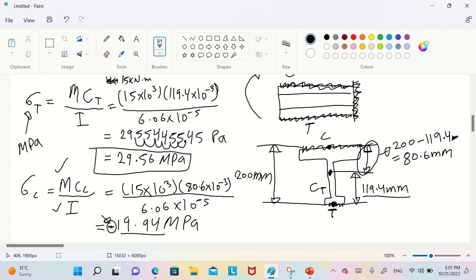No, the minus refers to the compression. So you can put minus, and also no need for minus. That's okay. But the value will be 19.94 megapascal. You can put C or compression.